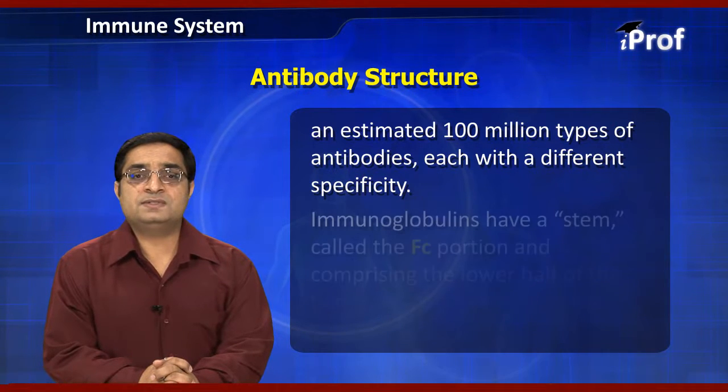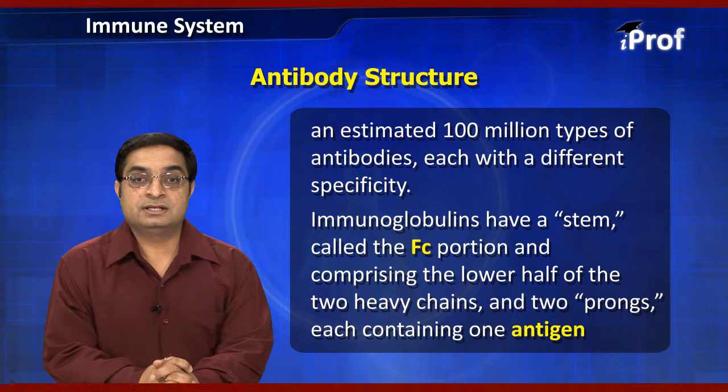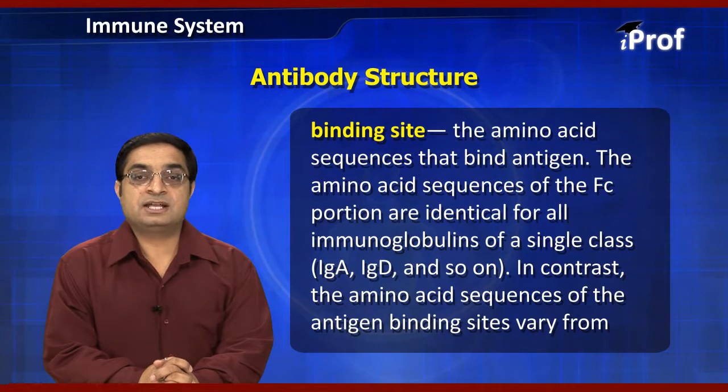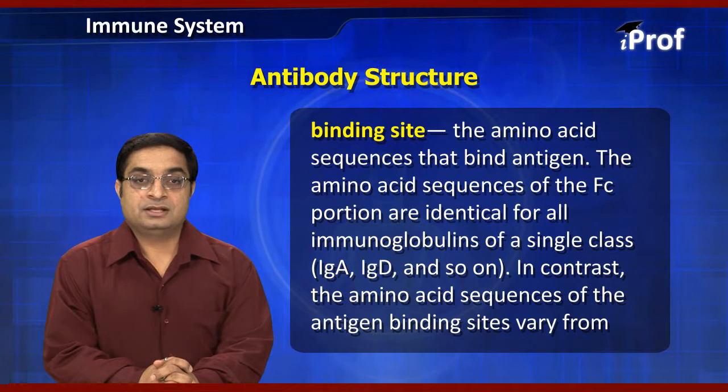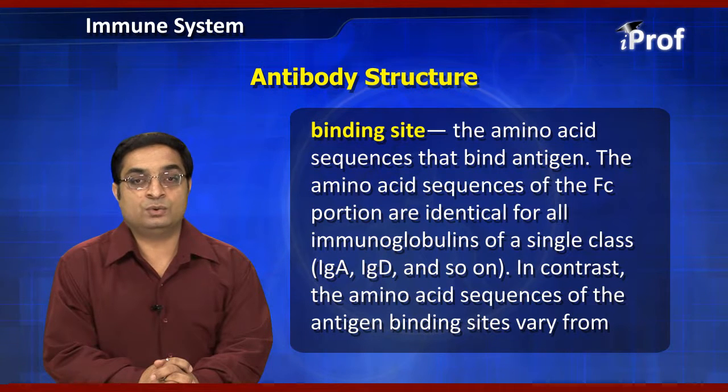Immunoglobulins have a stem called the Fc portion, comprising the lower half of the two heavy chains, and two prongs, each containing the antigen binding site, the amino acid sequence that binds antigen. The amino acid sequences of the Fc portion are identical for all immunoglobulins of a single class, like IgA, IgD and so on.